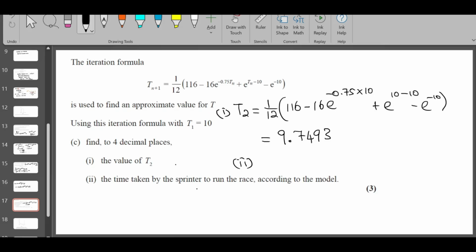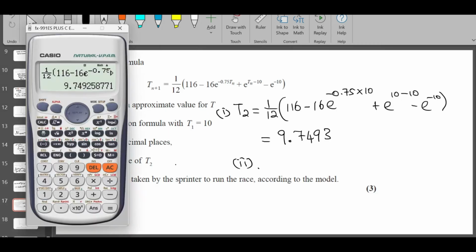For part ii, we are going to substitute the value of t2 back in the place where we have t here and calculate again. We need to continuously do the iteration till we get the same answer to 4 decimal places. So I'm going to move my cursor to this 10, which is the value of t1.